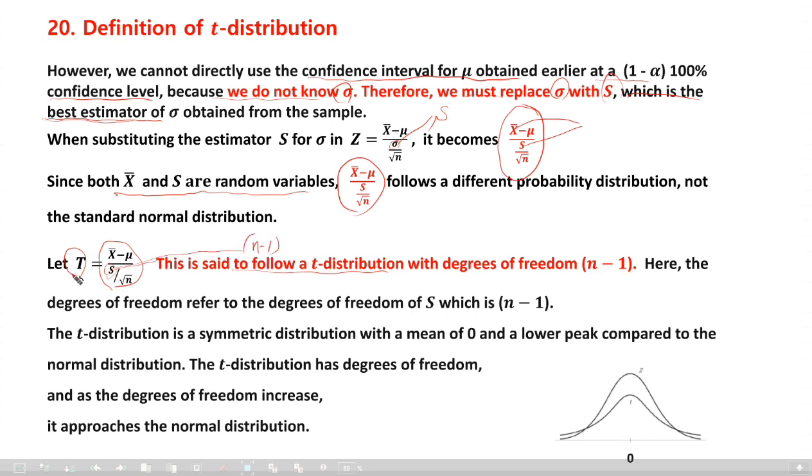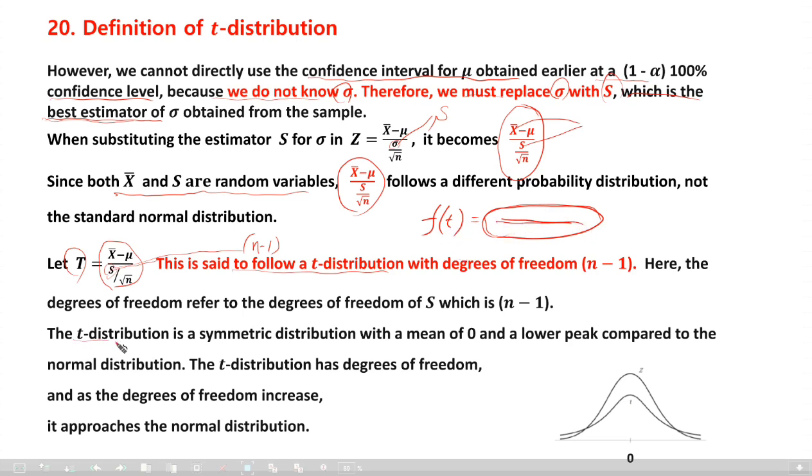So the t distribution has degrees of freedom. You understand? There exists, of course, a probability distribution function of t. Very complicated. Actually, I don't remember. I don't have to memorize this complicated equation, so you don't have to do it. You don't have to know what f of t is.